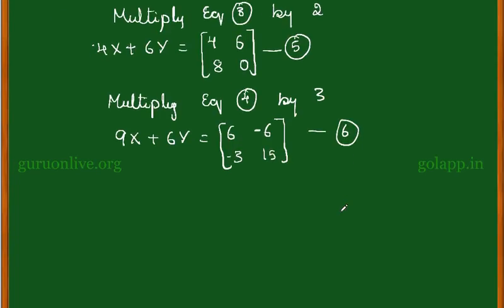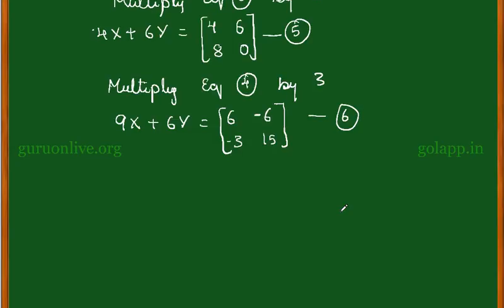Now, in both the equation 5 and 6, I have 6y, 6y. So I can subtract and eliminate the y terms. So subtracting equation 5 from 6, I do 6 minus 5.